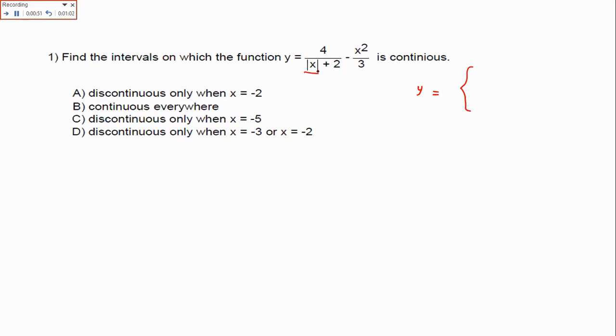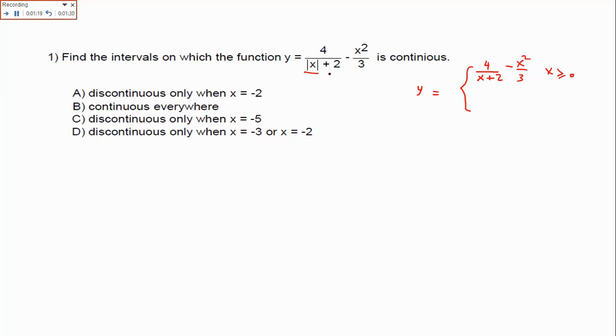The first case, we will do it for x greater than or equal to 0. The answer will be 4 divided by x plus 2, and then minus x squared over 3 if x is greater than or equal to 0.